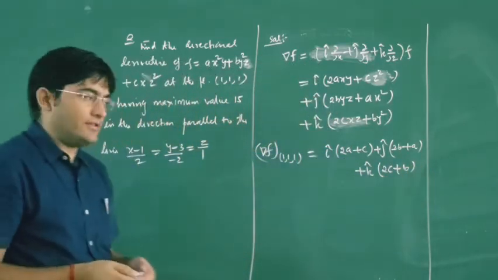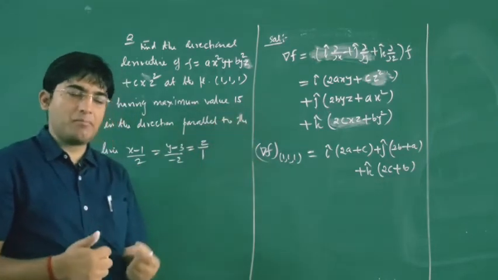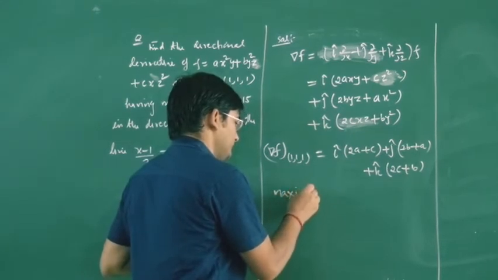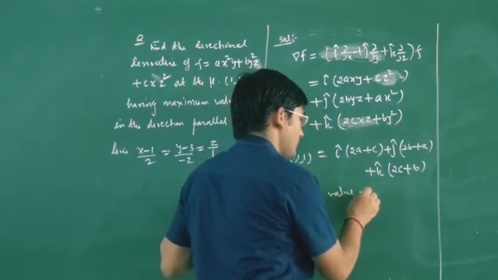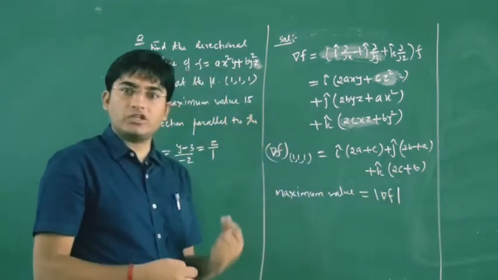Now it is given that its maximum value is 15. So maximum magnitude means the maximum value of the directional derivative is equal to mod of grad phi, and it is given that it is equal to 15.